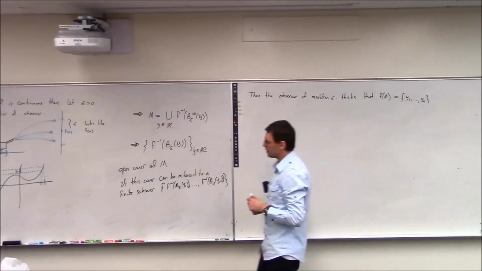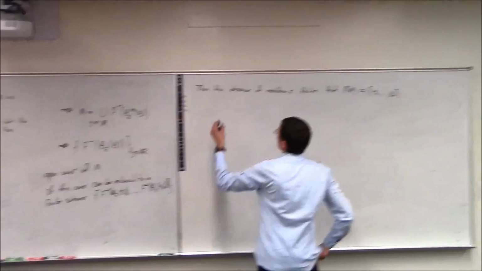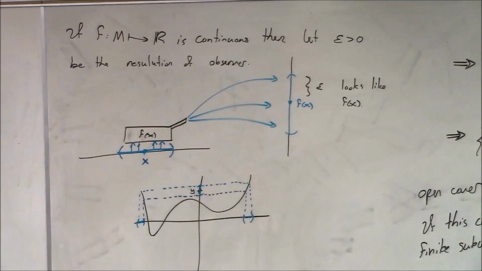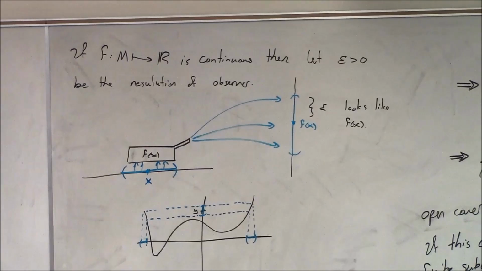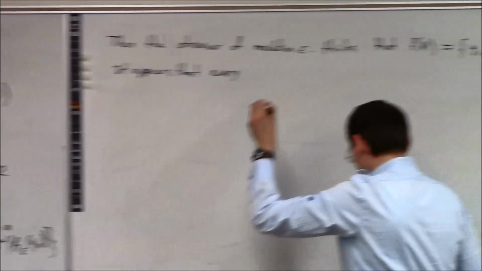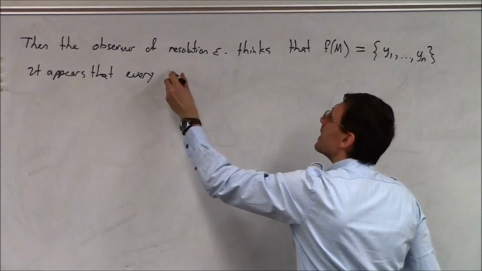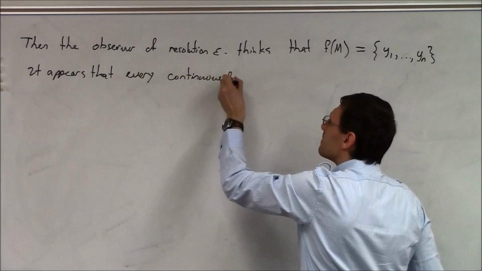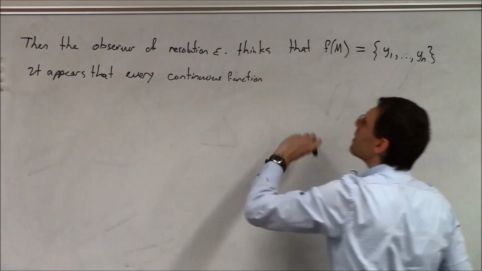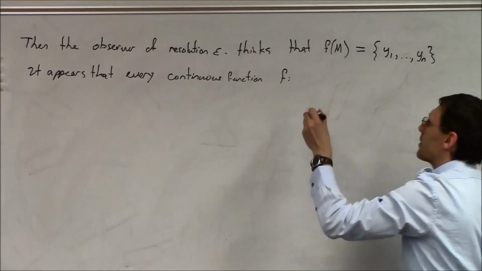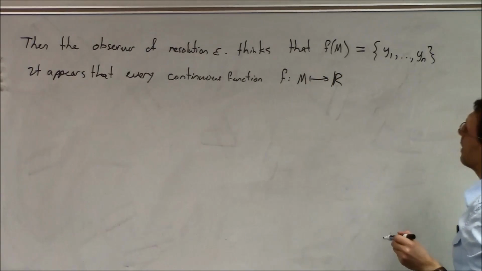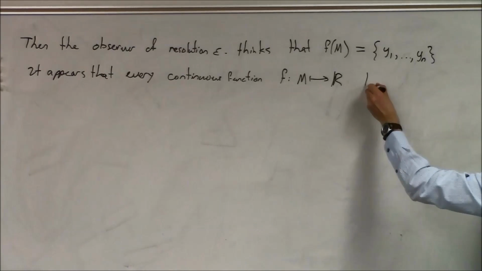Okay. So the conclusion is, in particular, that you can see from this definition that every continuous function f from M into R has both max and min.